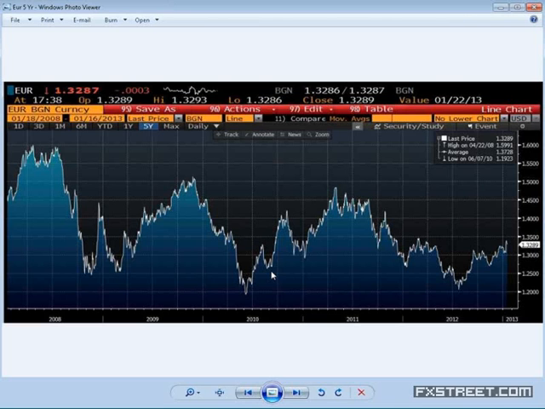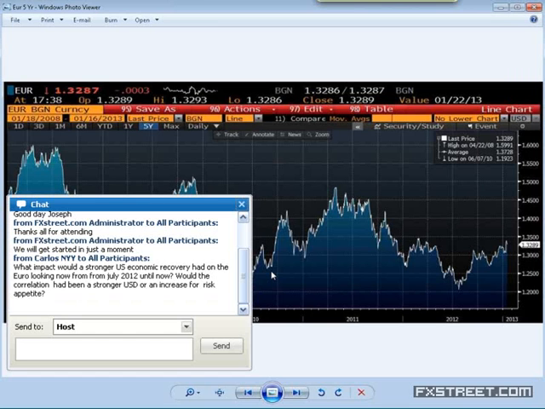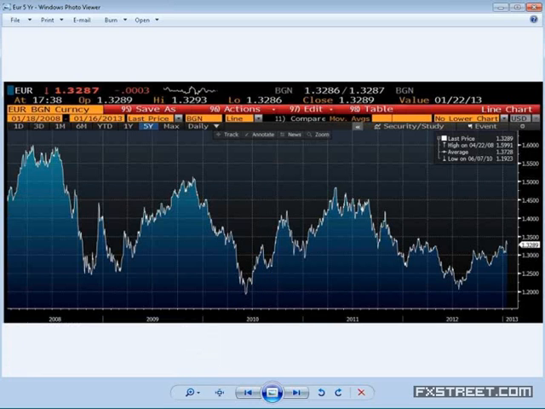So if the euro, as Carlos said, was stronger from 2012 or stronger from now on, I think you would get a stronger USD, which is also an increase for risk appetite. Now, the difference we have here, and this is where we may, with the success of the ECB and perhaps Japan, be returning dominance to the central banks, is that their policies are going to dictate markets.